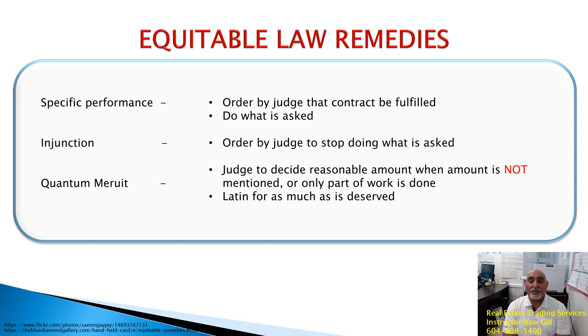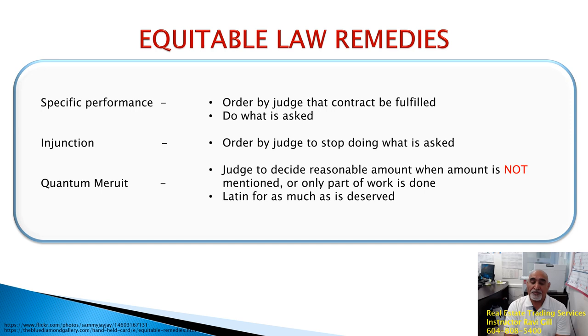Maybe the guilty person has started doing the tile work for the innocent party, and they're doing a very bad job, and the innocent party wants the guilty party to stop doing the tile work and perhaps pay for removing all the tiles because they were done in such a bad way. So that is called an injunction. That means stop the guilty person from doing some activity.